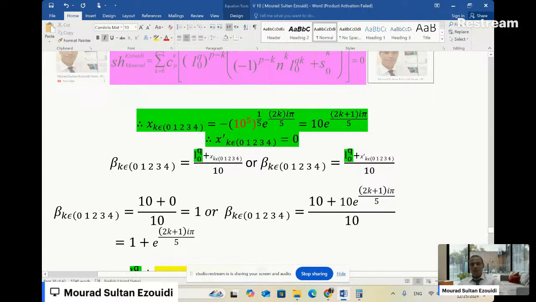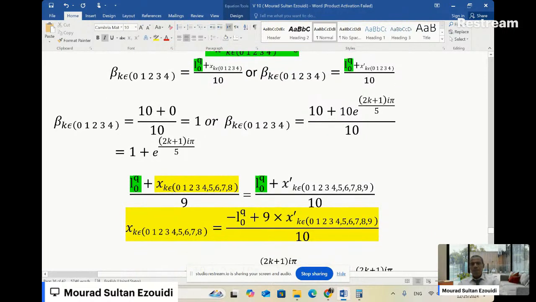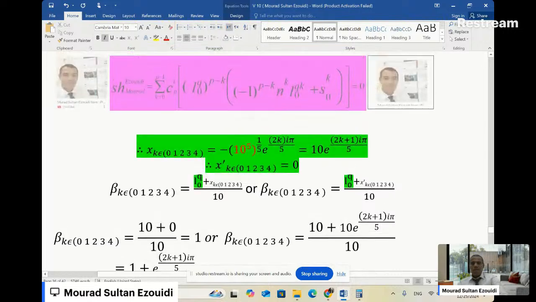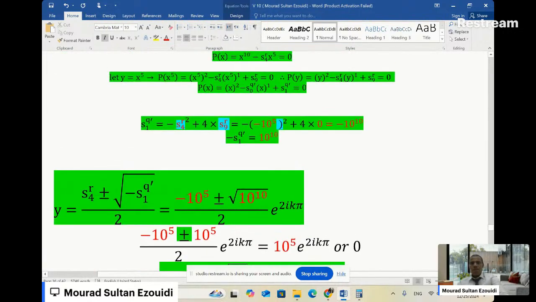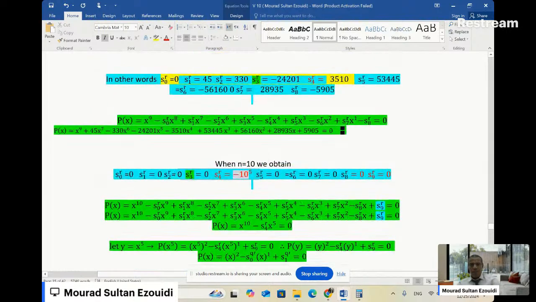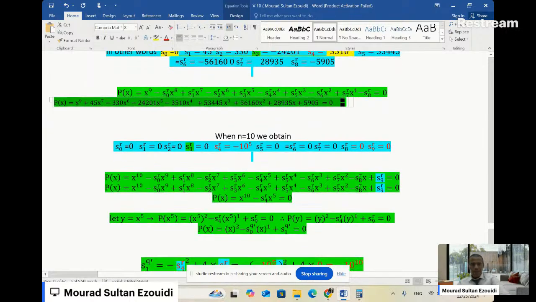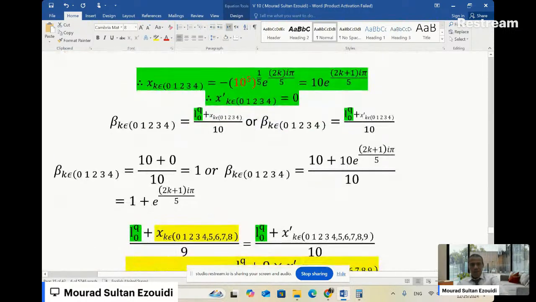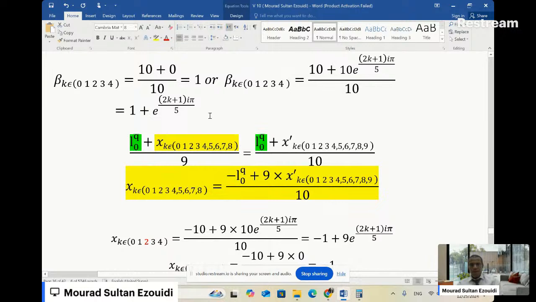Now, the roots of this, my kids, it will be like that. If I'm going now to solve this polynomial, the new 10th degree polynomial equation, the roots of this are, okay, I'll write them here.